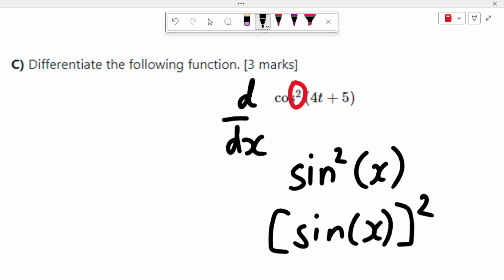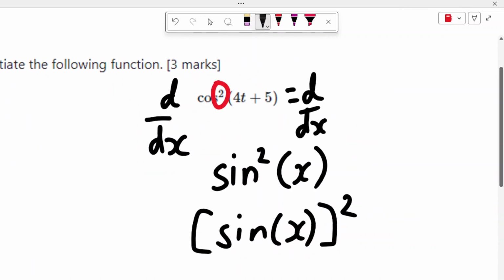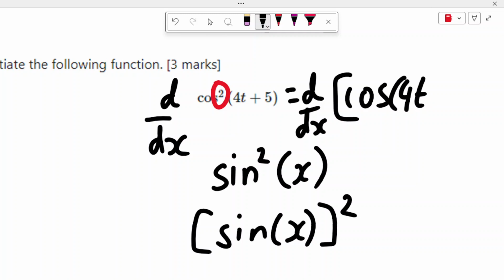So another way of rewriting this equation is differentiating, and apologies, I've been using x, but let's use t, (4t + 5) all squared.